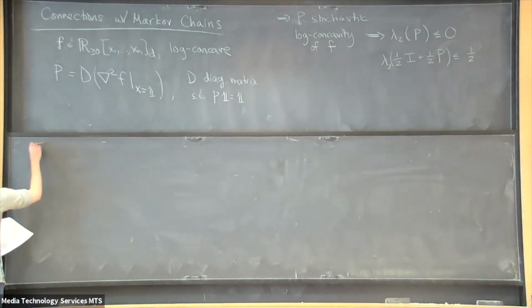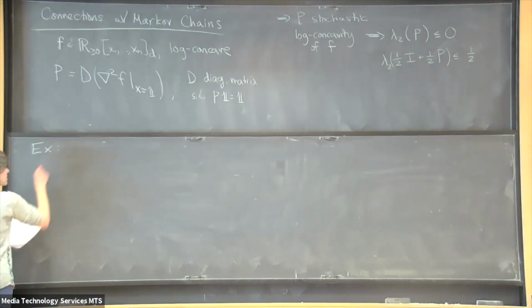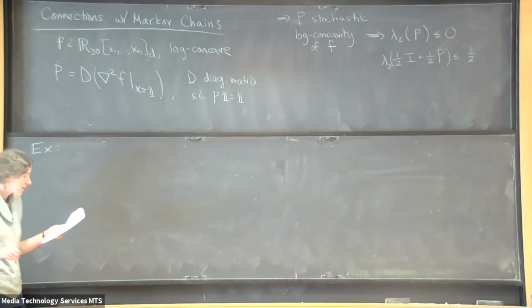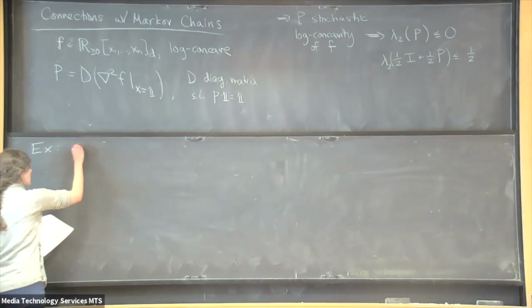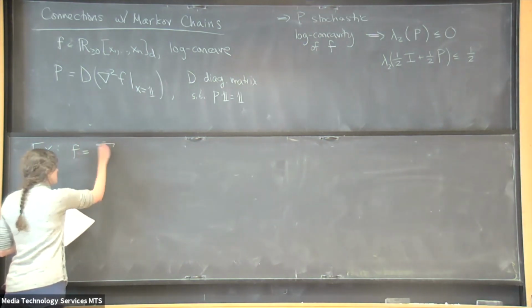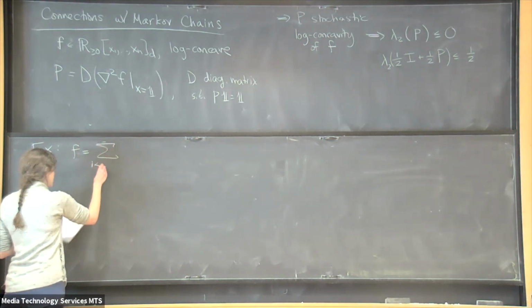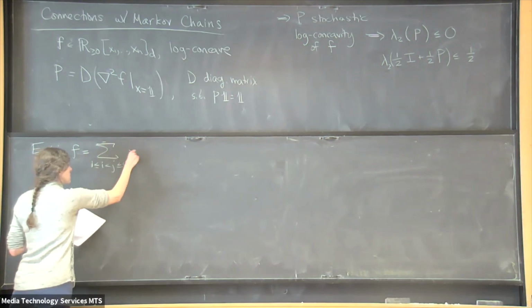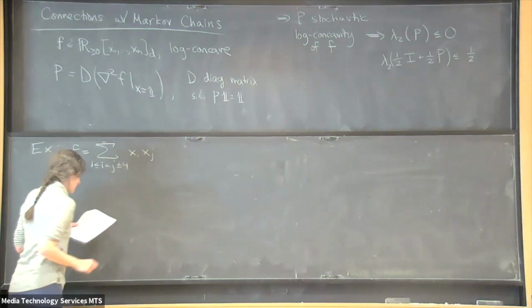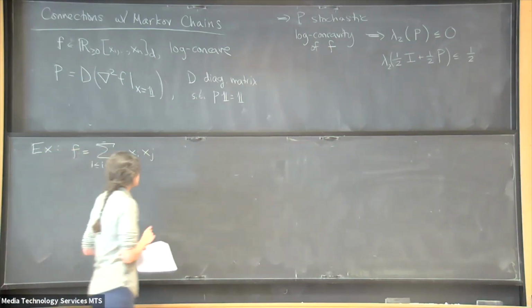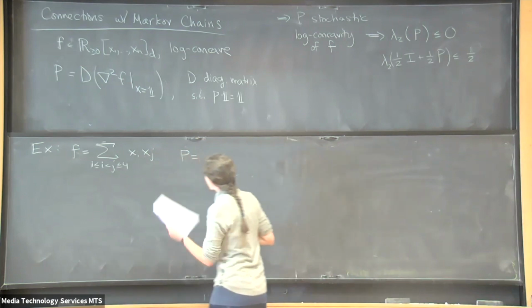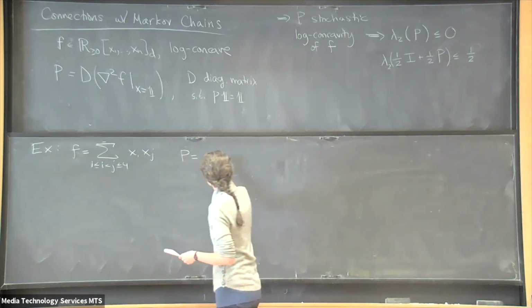So I just wanted to warm up. Possibly some of you have seen various versions of this many times, but I wanted to warm up with the elementary symmetric polynomial, which is even easier because the diagonal matrix will be a scalar multiple of the identity.